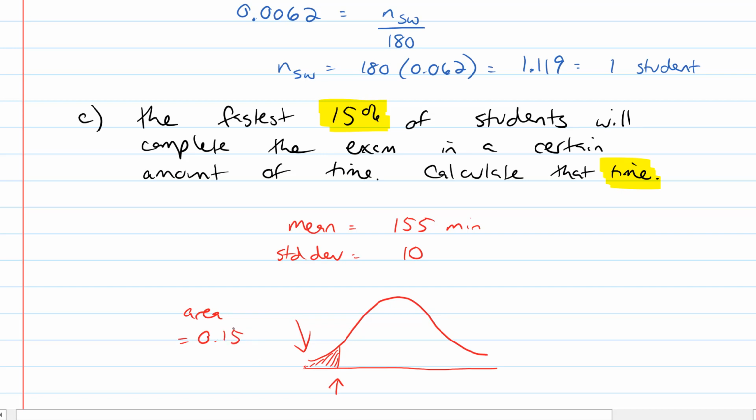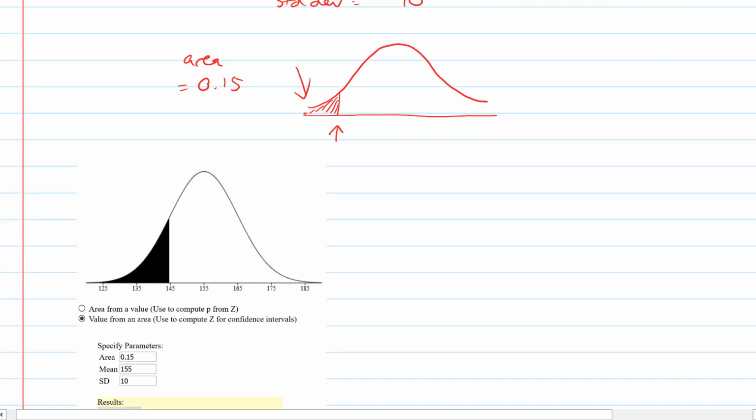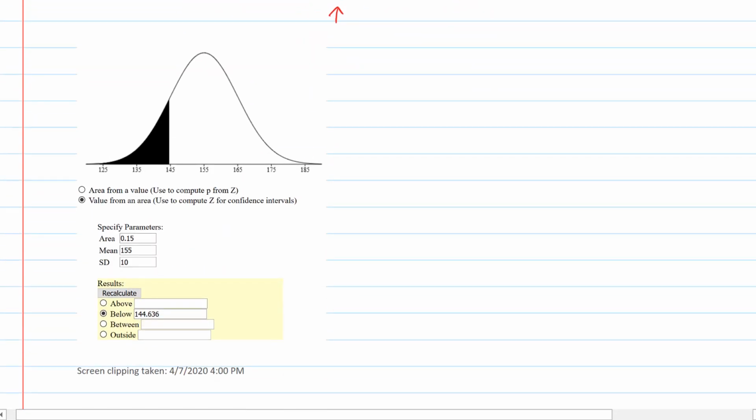So if we head on to our online calculator, you can see that once again I've chosen the second option. We're using the second option because we're taking a probability and then we're finding a value. I've input that the area that we're interested in is 0.15.